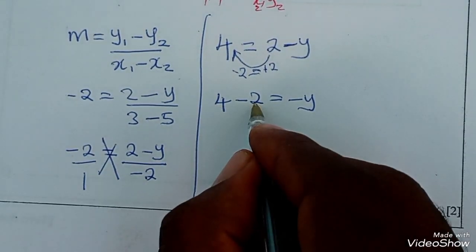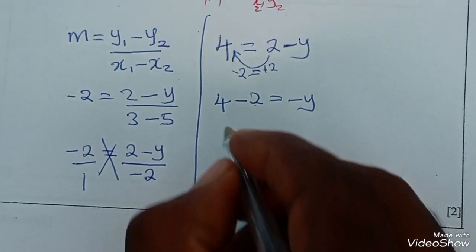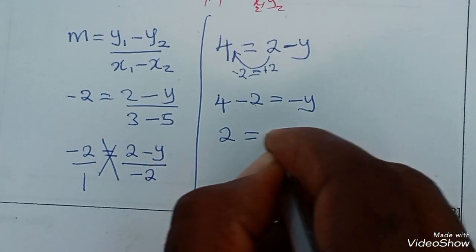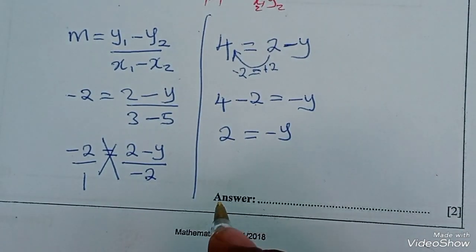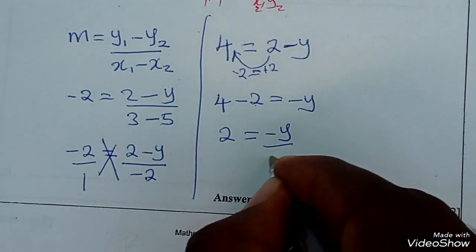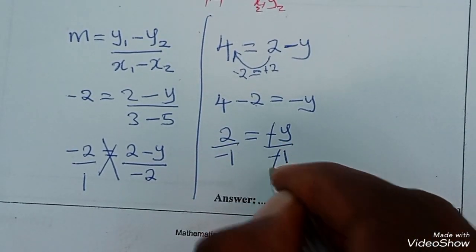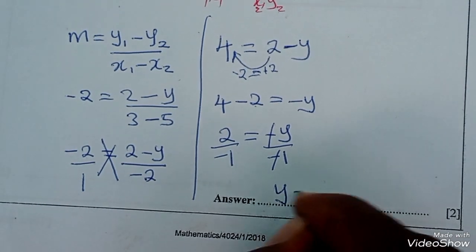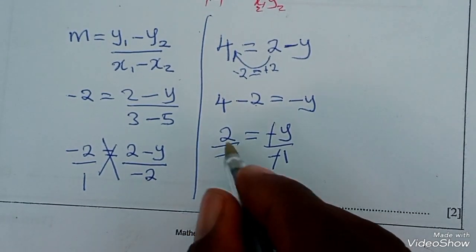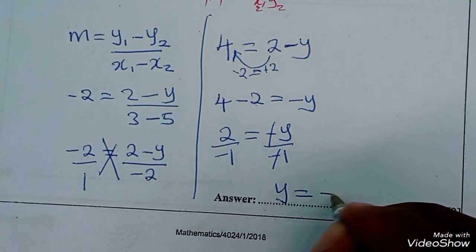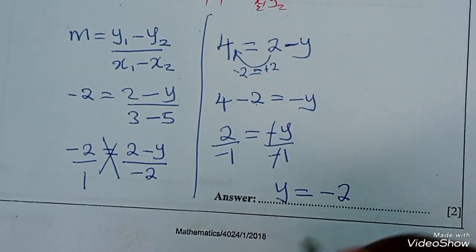So 4 minus 2 is 2, equal to -y. So you divide through by -1, the negatives go, and you have y equals -1 times +2, that's -2.